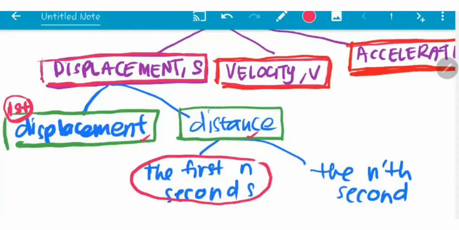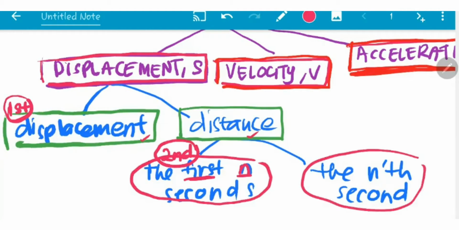The first one is distance travel in the first second, and the third one, distance travel in nth second. Ada 3 jenis lah. Ni yang pertama, kedua, ketiga. Pertama kita kena faham what is displacement, what is distance.